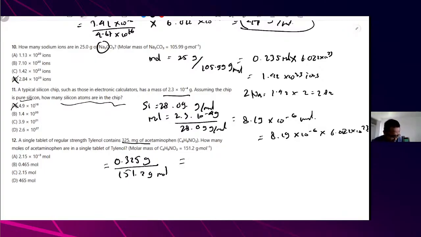So what's the answer? 0.00214 mole. So the answer should be A. And then again, we move on to another part. Just want to double check the answer.